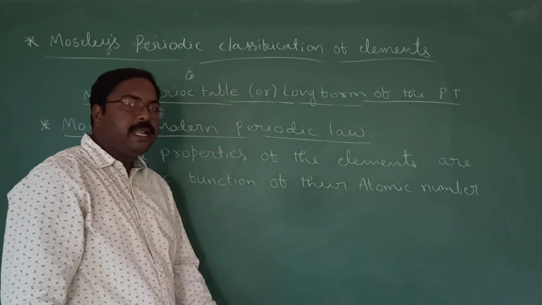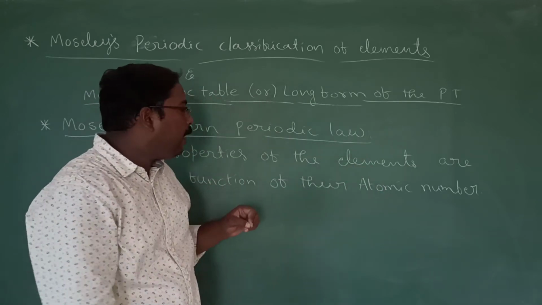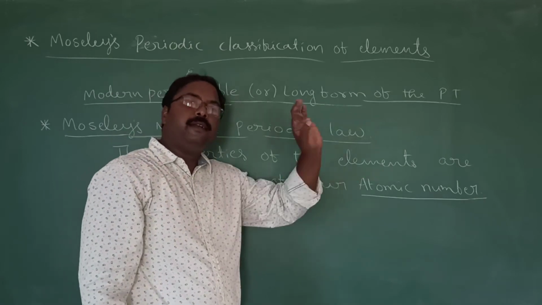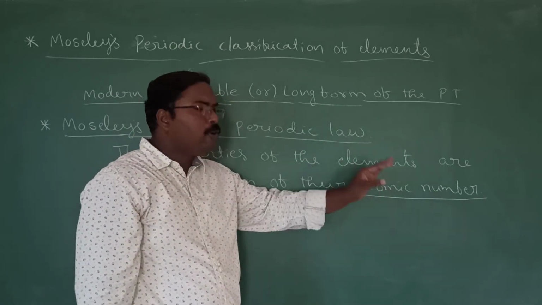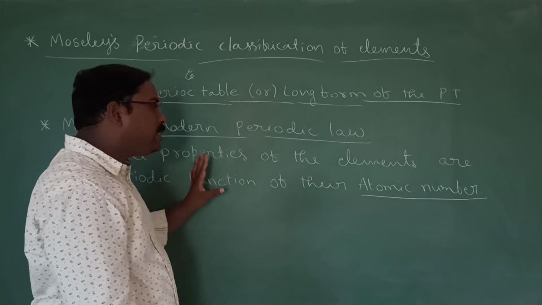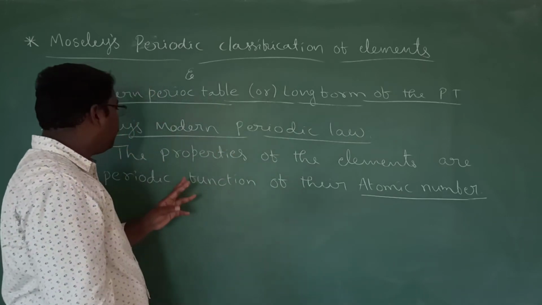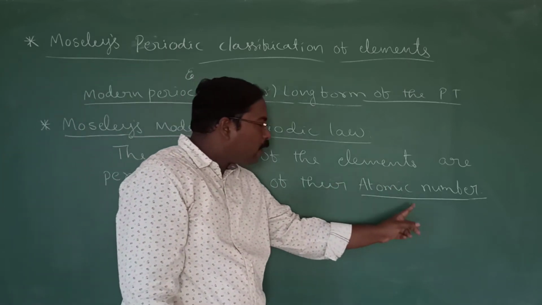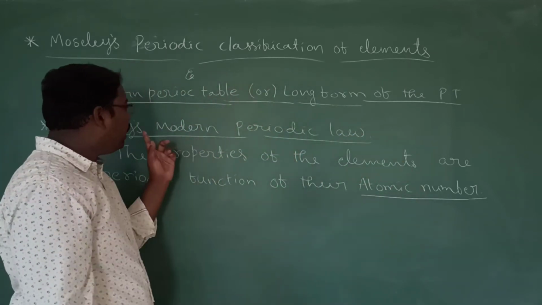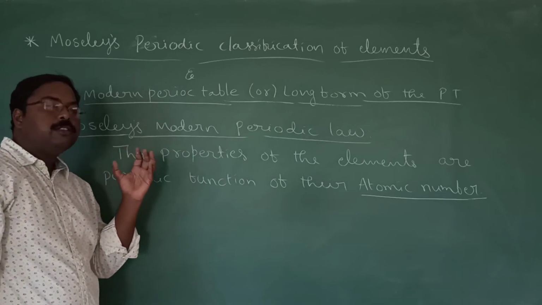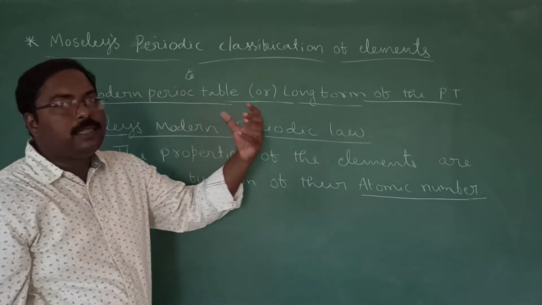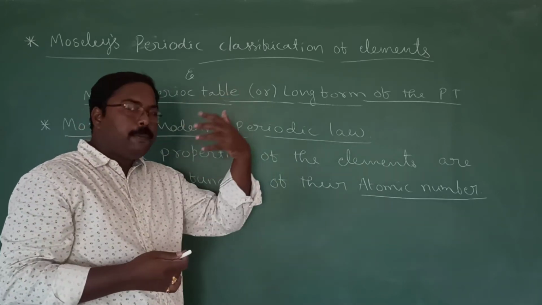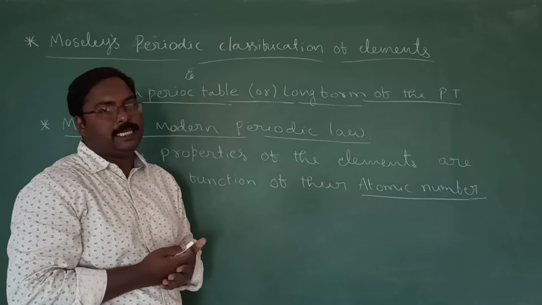Yesterday, in Mendeleev's periodic law, you wrote atomic weight instead of atomic number. So that is the only difference. Everything else in the statement is the same. The properties of the elements are periodic function of their atomic numbers, as given by Moseley. So the properties of the elements depend on the atomic number, and as the atomic number of the element changes, the properties of the elements also change.